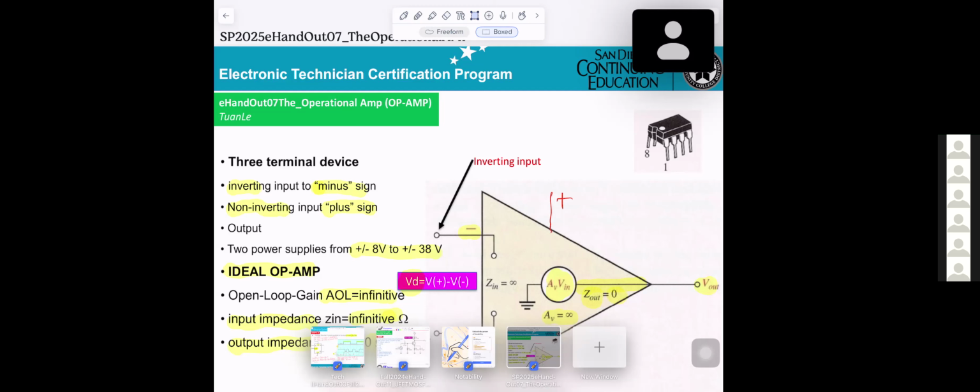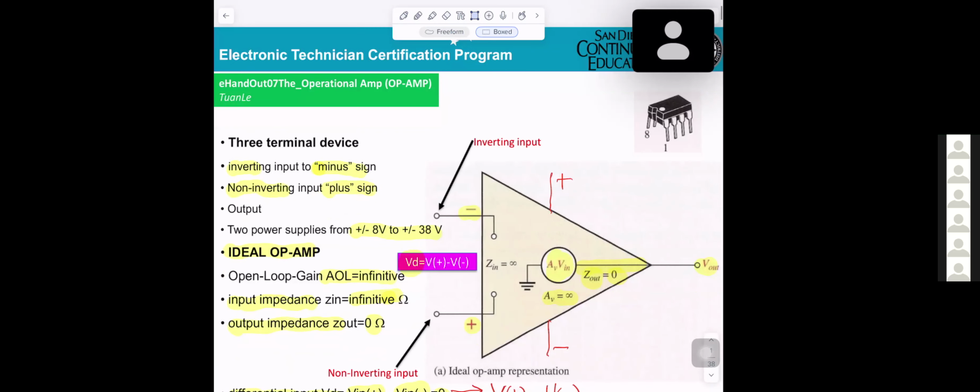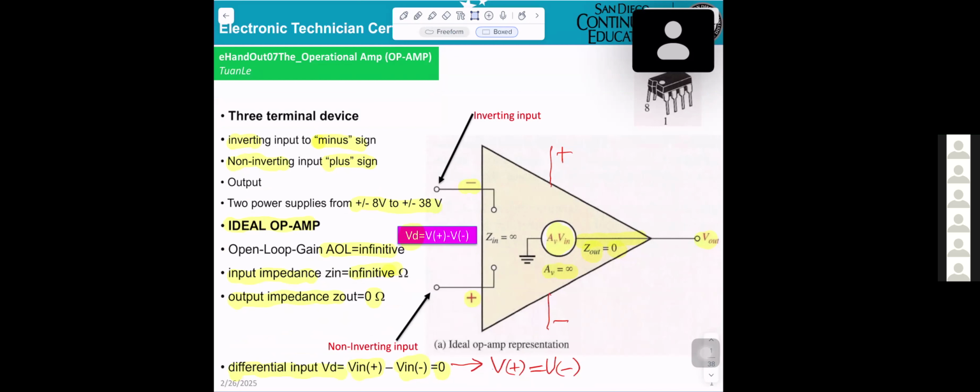That's very, very important for a technician, and also for an engineer if you keep going up. So basically I'll just go over it here. Okay, let's see.